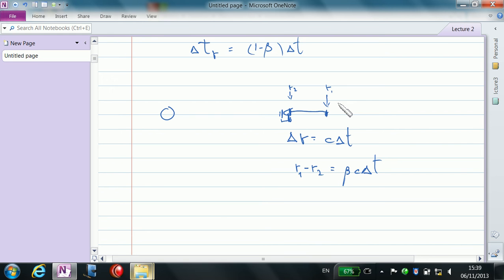So therefore the delta t that the observer receives is equal to, let's say, divided by c, right?